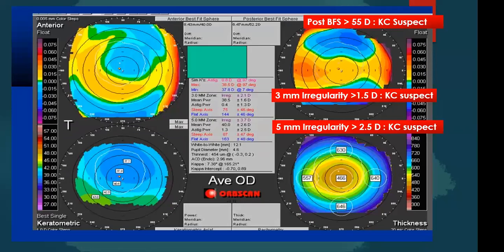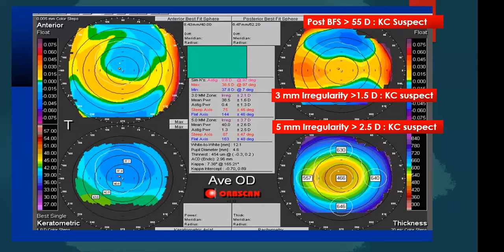Now coming to this image, this is again a quad map analysis of another patient. Is the slide values clear? What I want to show you is that there are certain red flag signs of keratoconus that we must see on an OpScan. The first is the posterior best fit sphere; if it is more than 55 diopters, it could be a keratoconus suspect.